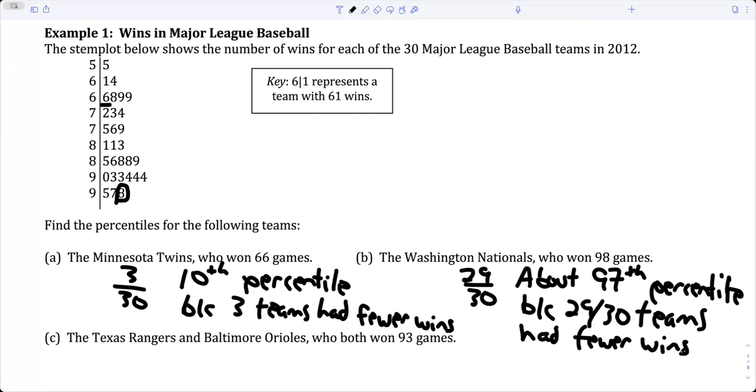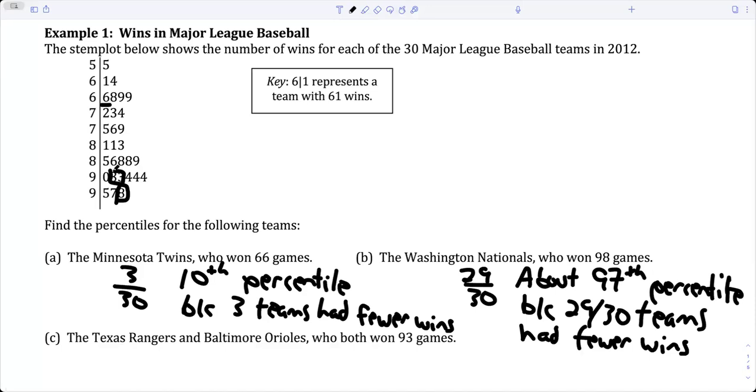The Texas Rangers and the Baltimore Orioles, who both won 93 games. Okay, so that's going to be right there. Okay, so if we count, let's see, there's 1, 2, 3, 4, 5, 6 that are higher, and 2 that are equal to 93, right?